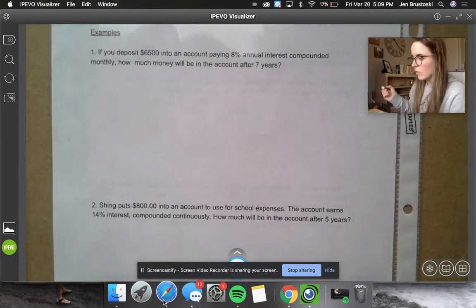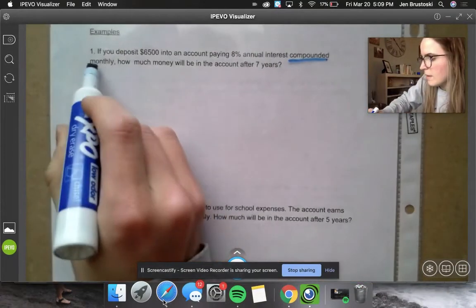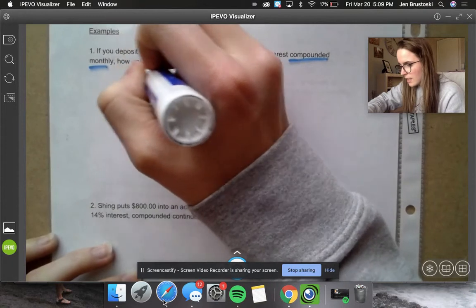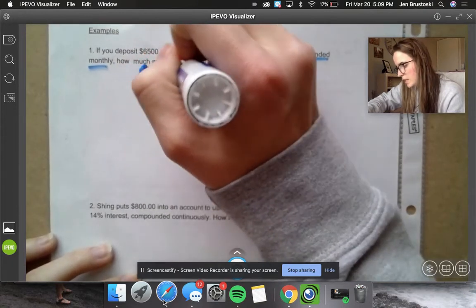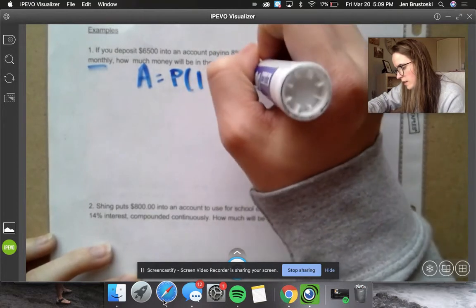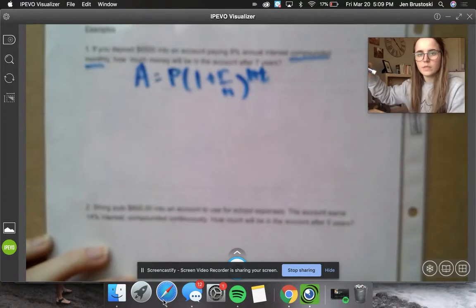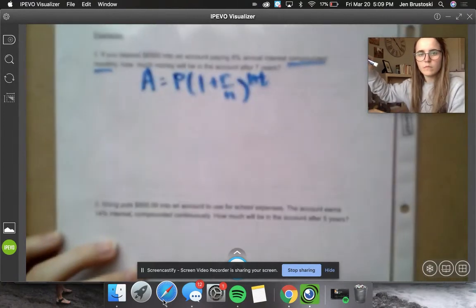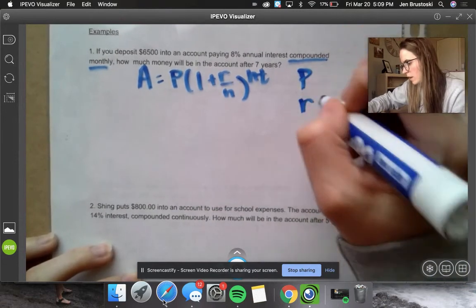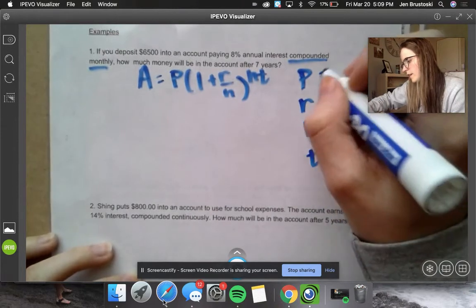All right, so it tells us that we're compounded monthly, which means that we're going to use the equation A equals P times 1 plus R over N to the NT. We're going to find what P, R, N, and T are so that we can find our final balance A.